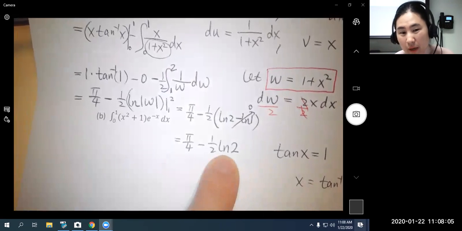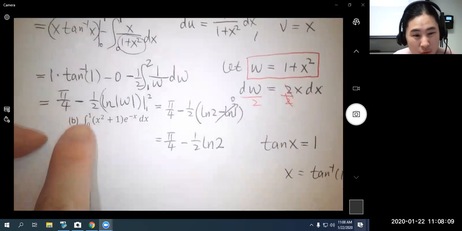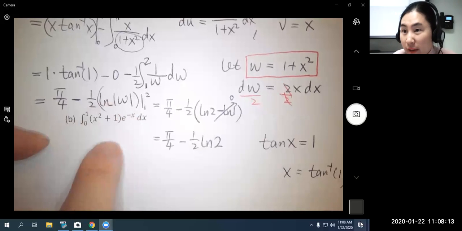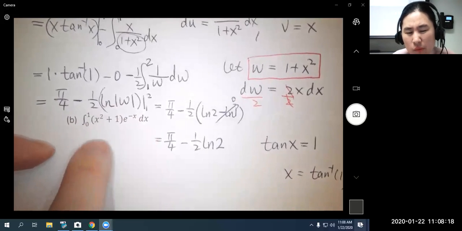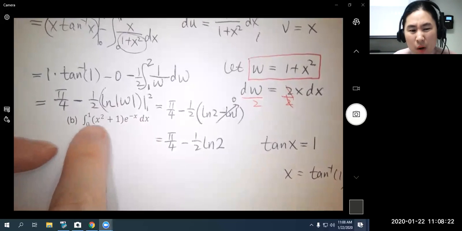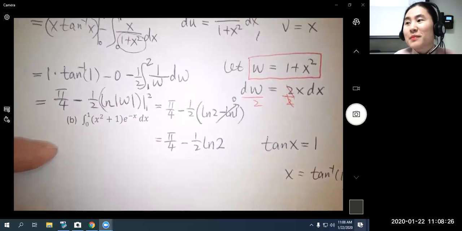A specific number. Okay, all right, so I don't think we have time to do the entire question B, but I just want to give you a hint, and then you can take this question home as practice. So for this integral, which function do you want to be u? Polynomial times exponential. Yes, good.